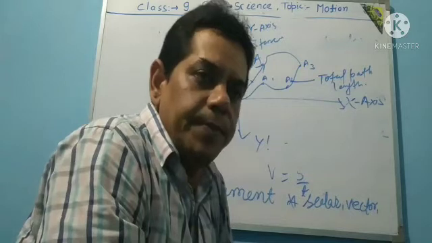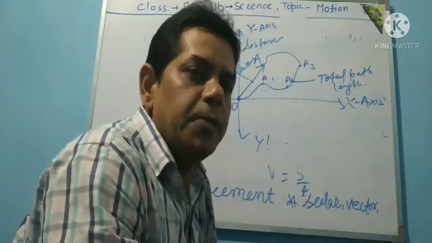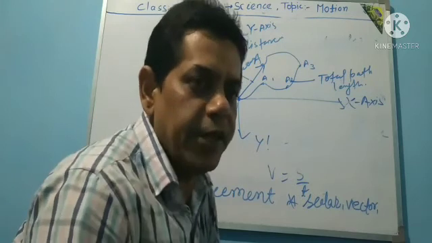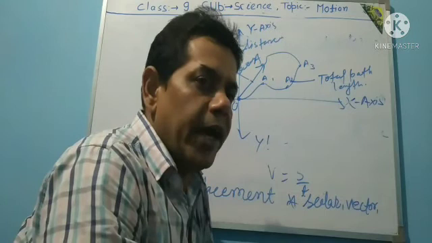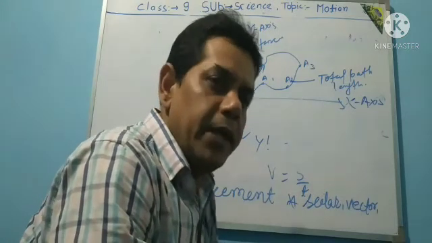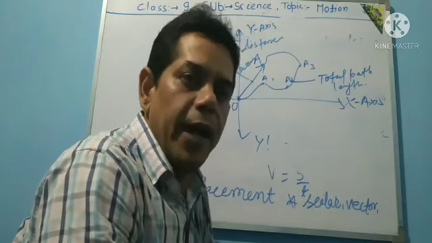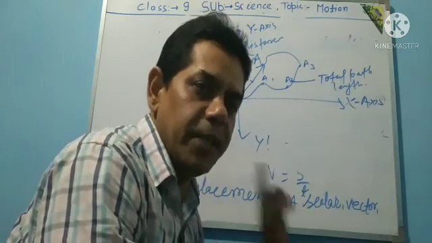Speed is a scalar quantity and displacement is a vector quantity, because speed has no direction, only magnitude, but displacement has both magnitude and direction, so that is a vector quantity.